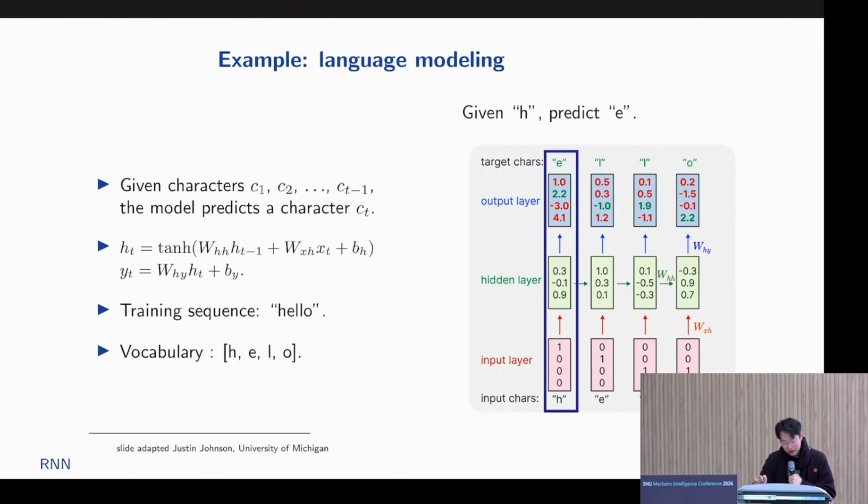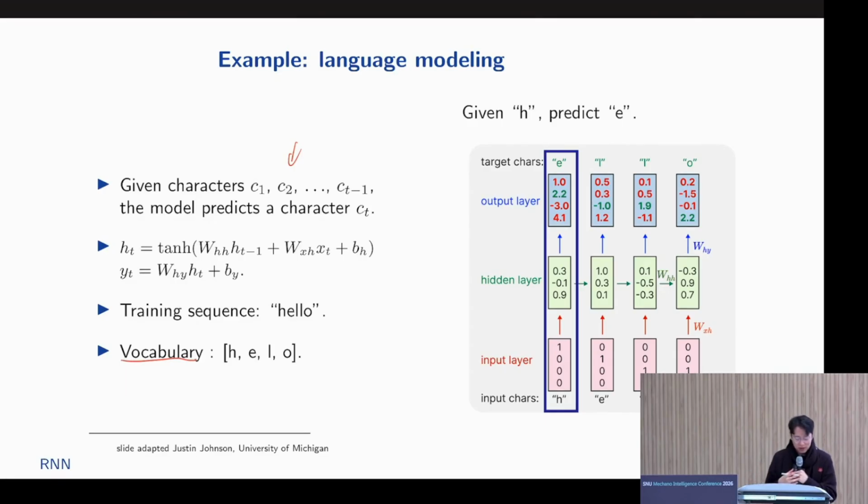So this is a very simplified example for language modeling. You want to do character level language modeling, and here the first thing you need to do is define the vocabulary.